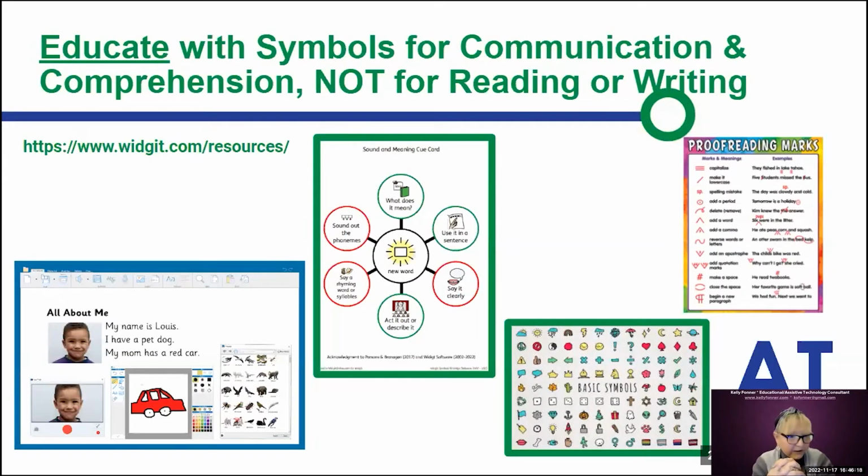We'll talk about some evaluation pieces at the end as we quickly slam our way into the end of the hour. But look at the different types of tools, educate students with symbols for communication. This is one of the major practices that has shifted in the last 5 to 7 years, is that we do not symbolate all the text that our students read anymore, because of the research that they have found that the kids focus on the pictures, they don't focus on the words.